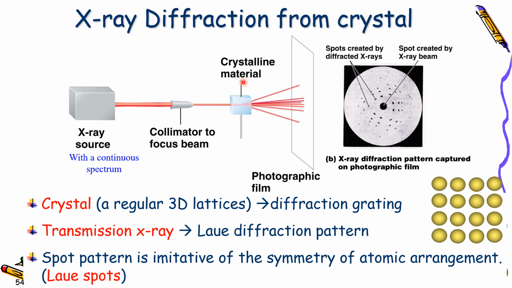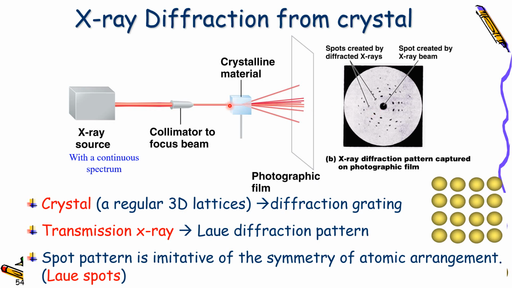If you put a different material in this place, you will get a different pattern. Even if you have the same material and you change the position or twist it by an angle, the pattern will change.